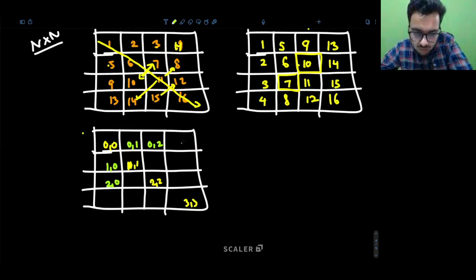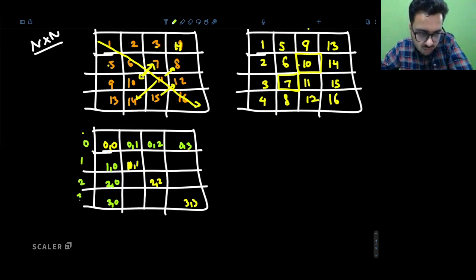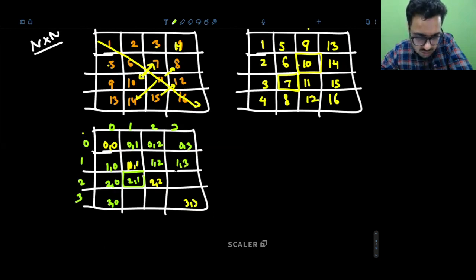This is 0 comma 3, it gets exchanged with 3 comma 0. This is 1 comma 2, you exchange it with 2 comma 1. This index is 1 comma 3, you exchange it with 3 comma 1, and this is 2 comma 3, you exchange it with 3 comma 2.